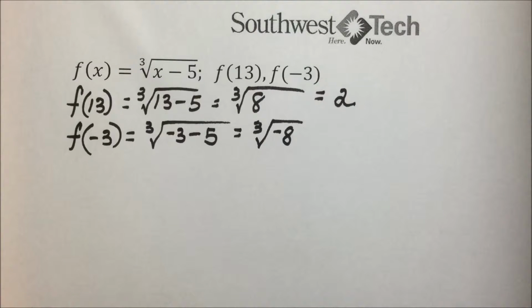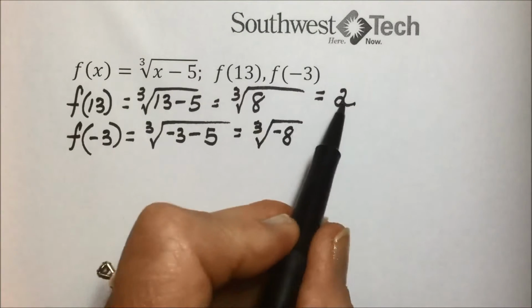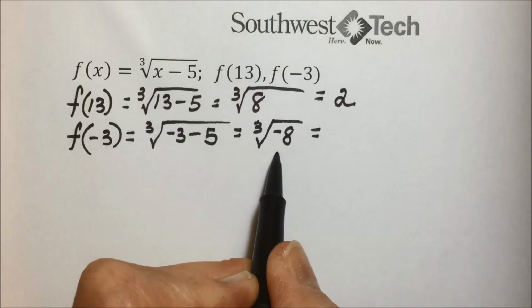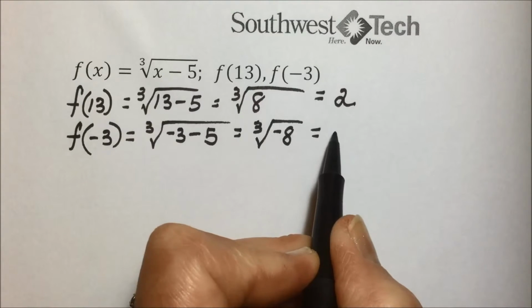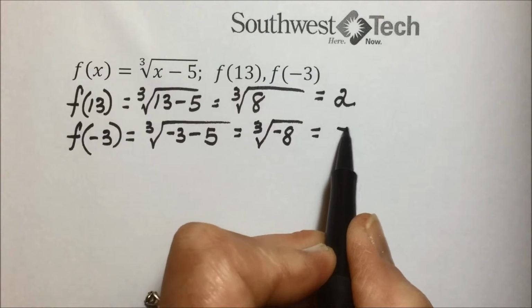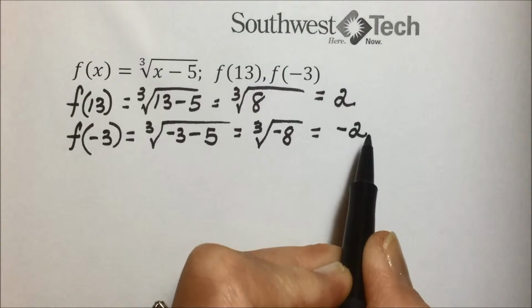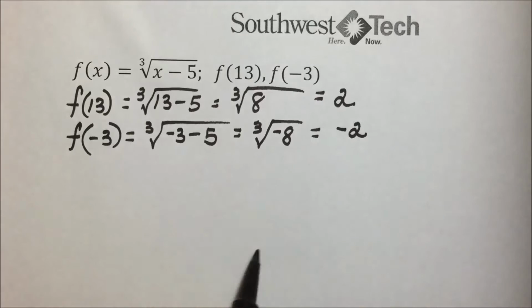There is only one solution, just like the cube root of a positive, there's only one solution. What number times itself gives us negative 8? It would be negative 2. Negative 2 times itself 3 times, or negative 2 to the third power, gives us negative 8, so the cube root of negative 8 is negative 2.